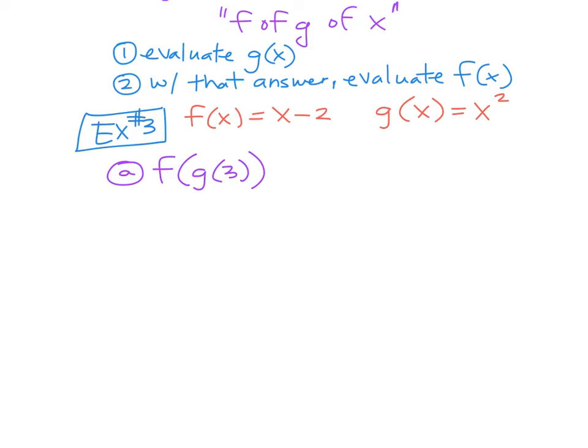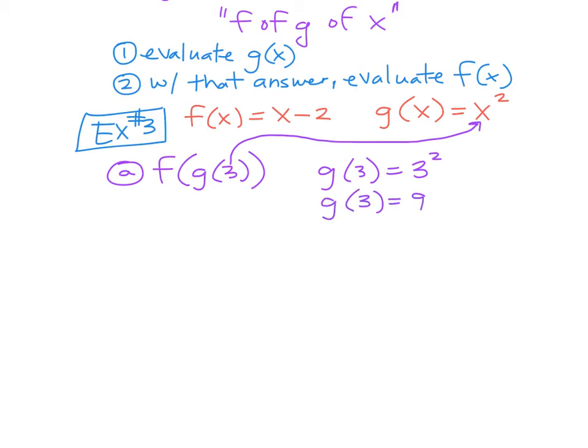What that means is we are taking 3 and plugging it into our g function. So that's where you're going to start. You're going to start by evaluating that inside function. So if I do that, g of 3 is 3 squared. So what is g of 3? g of 3 is 9. Now with that answer, we're going to take this 9 and we're going to evaluate it in f of x, because we're saying f of g of x.